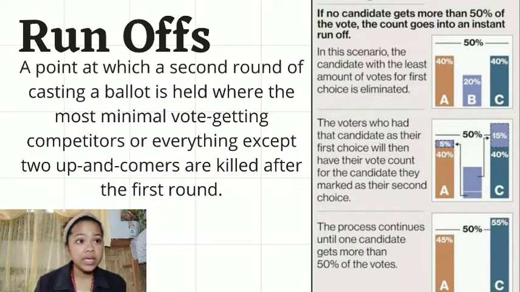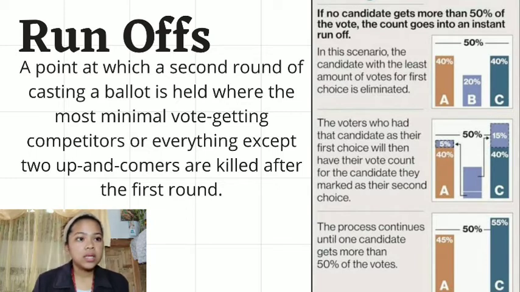So candidate B is eliminated, and half of the percent of candidate B will be divided between candidate A and candidate C. Now the second part is that the voters who had that candidate as their first choice will then have their vote count for the candidate they mark as their second choice.